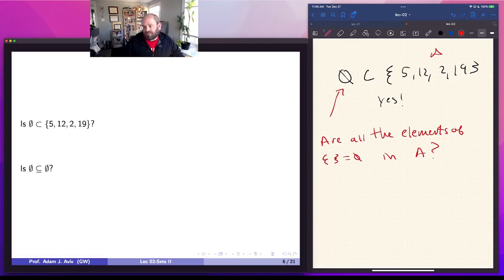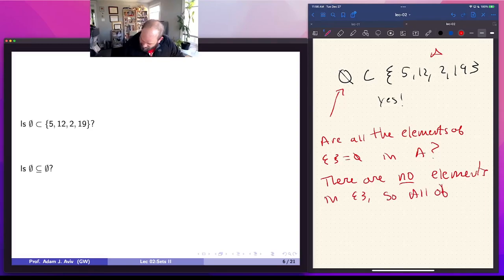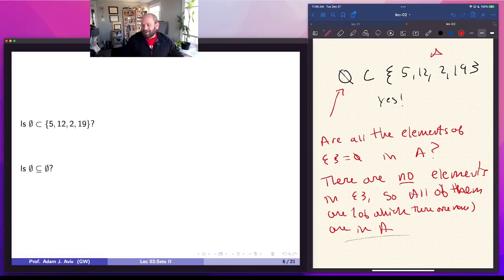Well, to reason about that, there are no elements in the empty set. So all of them, of which there are none, are in A. Okay, let me say that out loud again.